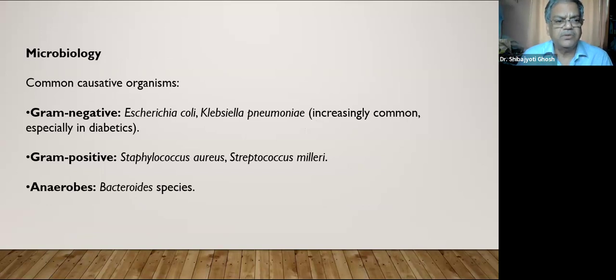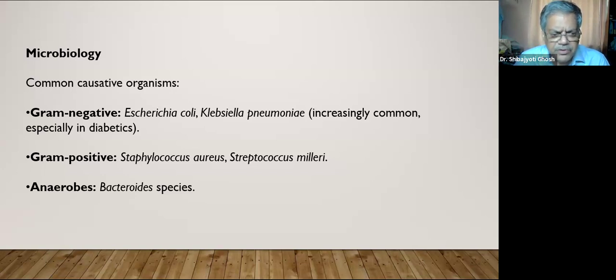Microbiologically, the most common causative organisms are gram-negative organisms, of course, and E. coli is the commonest invasive organism in the intestine. So E. coli and Klebsiella pneumoniae are the commonest gram-negative organisms.